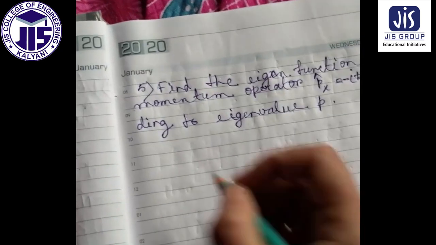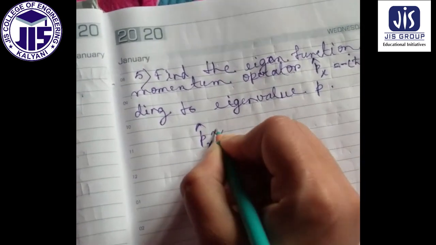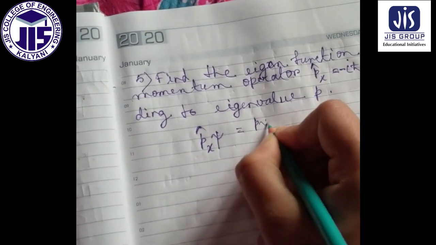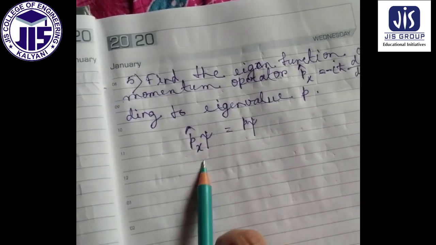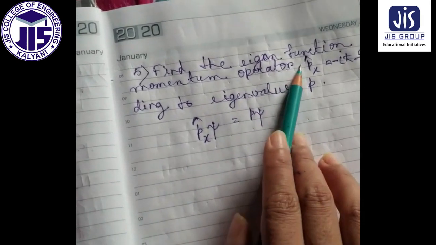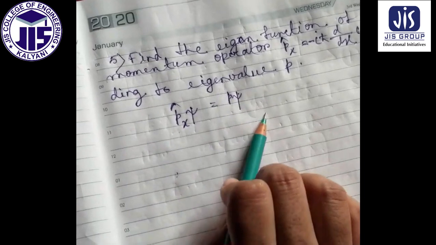Okay, so how to do it? First, as per the problem, p_x ψ will be equal to pψ, because p_x is the operator and p is the eigenvalue. So as per the problem, I have written here p_x ψ equal to pψ.